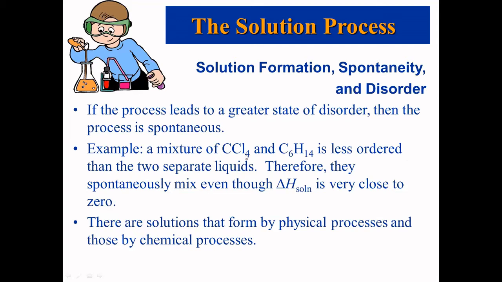Meaning you mix the two, carbon tetrachloride and hexane, its molecules are less ordered than the two separate liquids, in terms of how orderly the molecules of the resulting solution arrange themselves compared to the original molecules when they stand alone, like carbon tetrachloride alone or hexane alone. Therefore, we can say they spontaneously mix even though your delta H of solution is very close to 0.